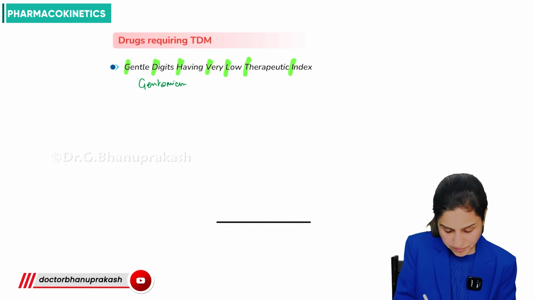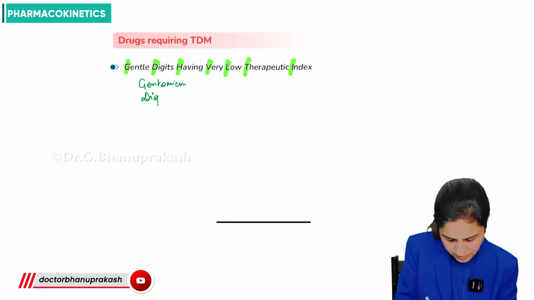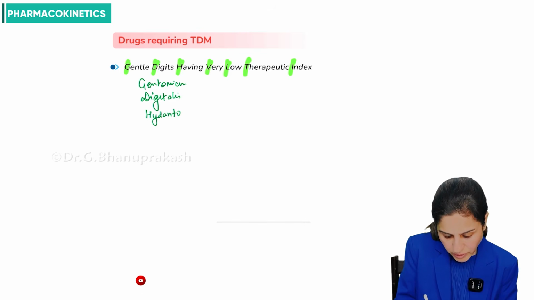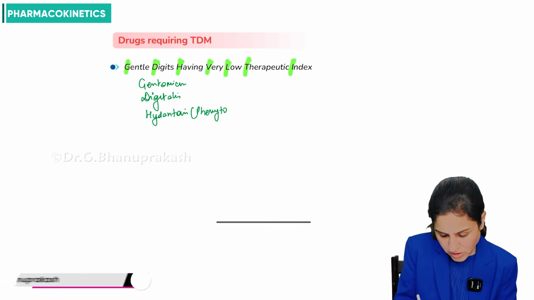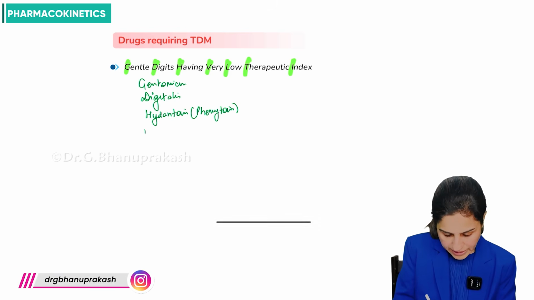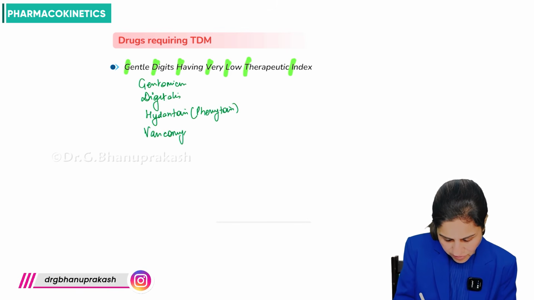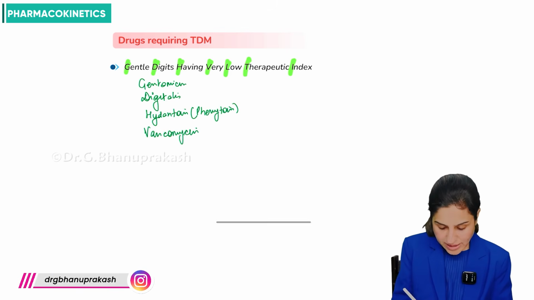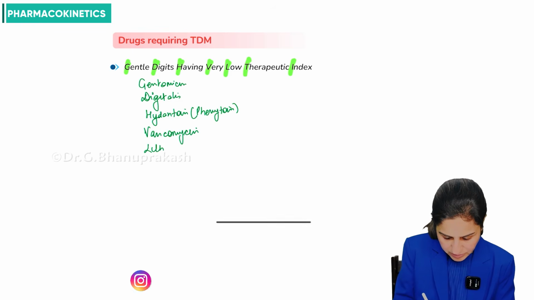gentamicin, digitalis. So this is hydantoin. Hydantoin is a chemical name for phenytoin. Then we have vancomycin or valproate as well. Lithium.